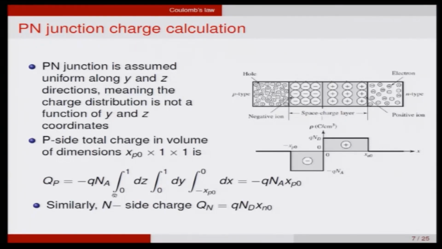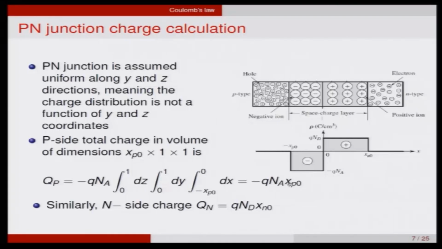If you consider a volume defined by the dimensions x_p, 0, 1 and 1, you just need to integrate over this region. The y and z integrations do not really matter because they are just integrals over 0 to 1, constant integrals that would come out. The charge density also is constant, therefore it can be put out of the integral, and you can see that the total charge on the P side is given by minus q N_A x_p0.